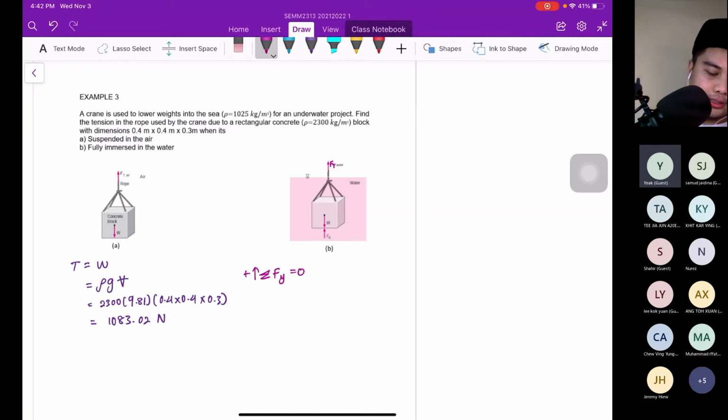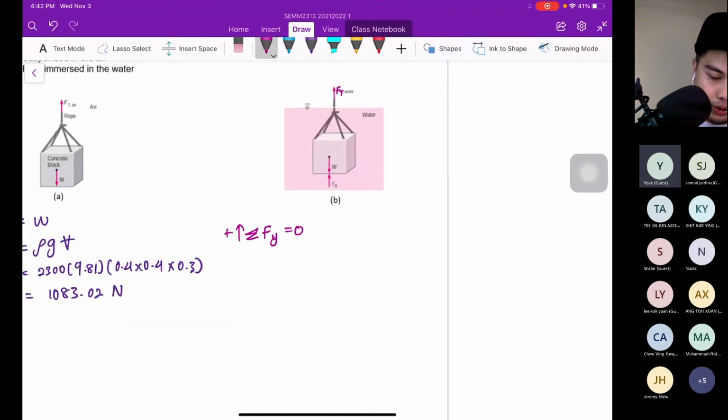Try to move at the initial stage equal to 0. So what force are involved? The tension. Tension plus FB minus W equal to 0.